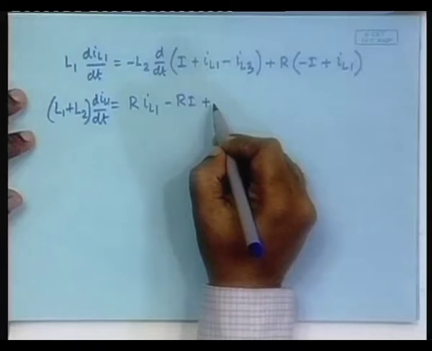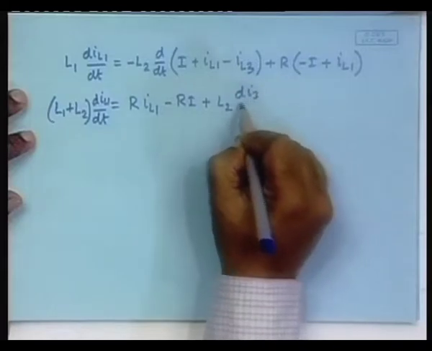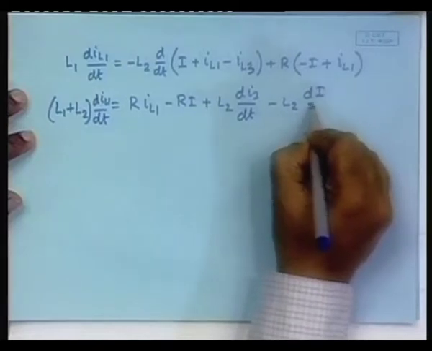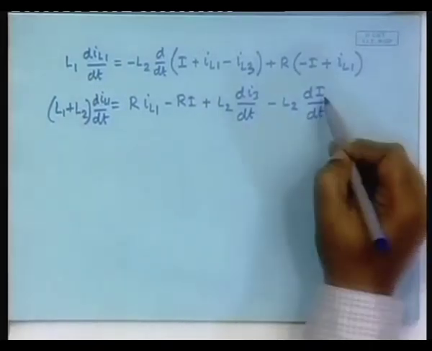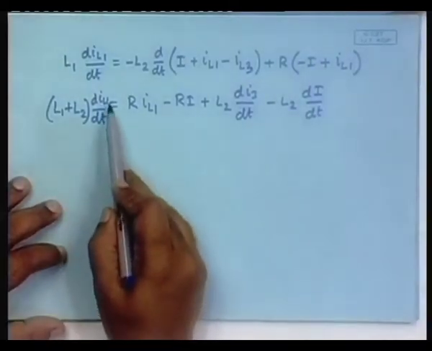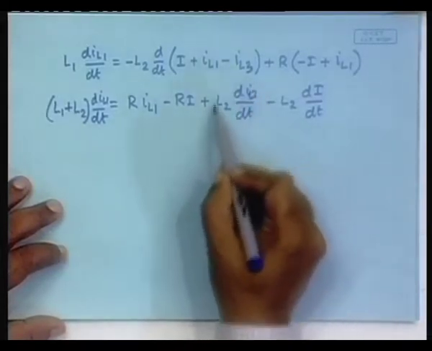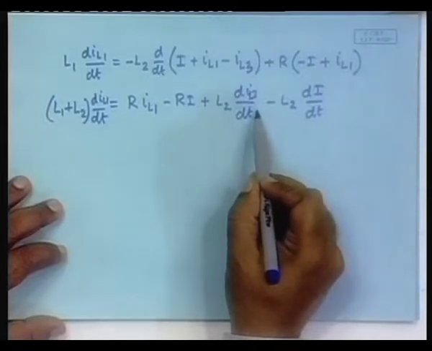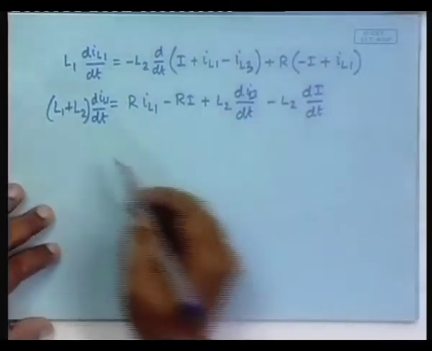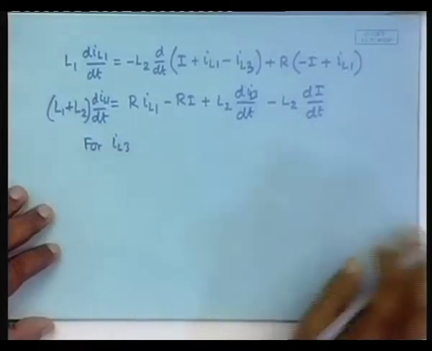So the remaining terms are L2 dIL3 dt minus L2 dI dt. This is the externally applied current. Again you see here we have the dIL1 dt appearing here, the dIL3 appearing here, and dI dt also appearing in the same way that happened for the last circuits. Again if you write down the equation for IL3, that is a state variable.